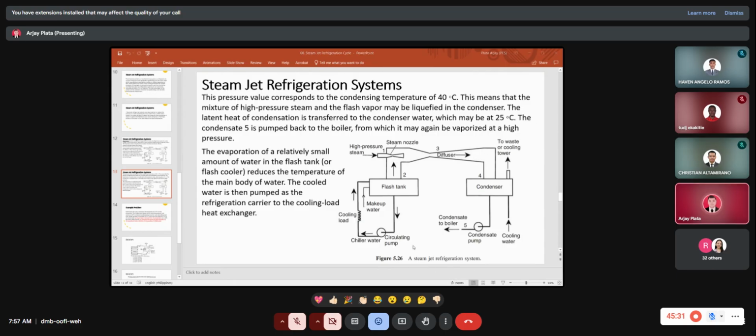Okay, so let's check if you have understood the concept of steam jet refrigeration system. So what is our objective here at the flash tank? Any volunteer?